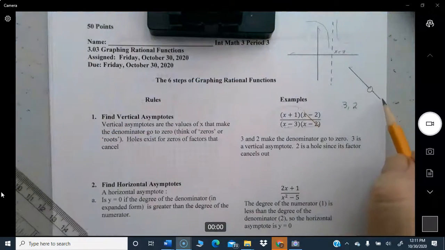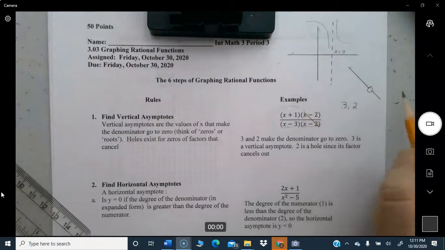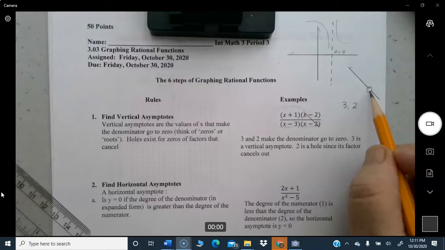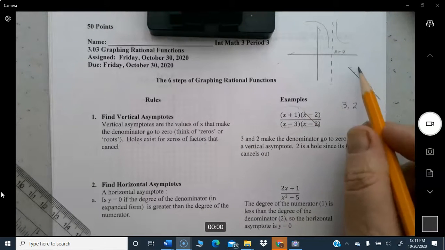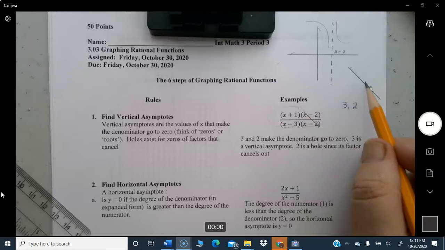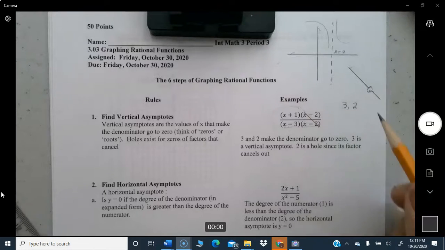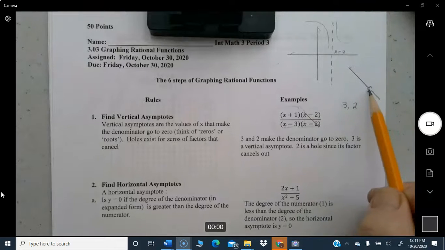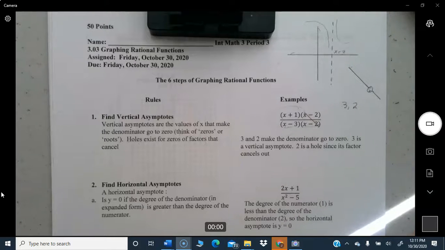A hole is on a line, or it could be a curve as well, but it's a single point where that curve or that line can't exist. So this is a straight line. It's just one continuous line, except it has what's called a discontinuity there. It means that that line does not exist at that single point, and that's called a hole.